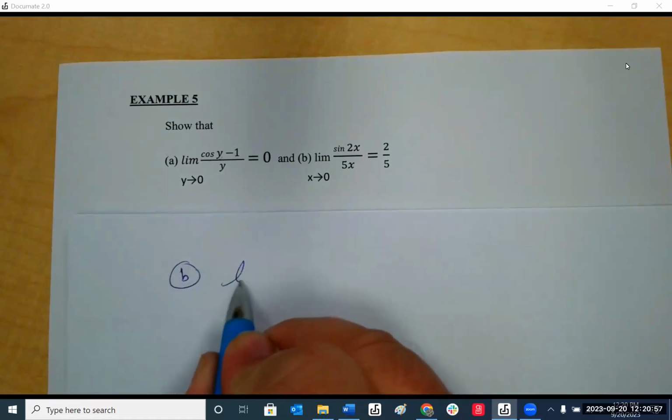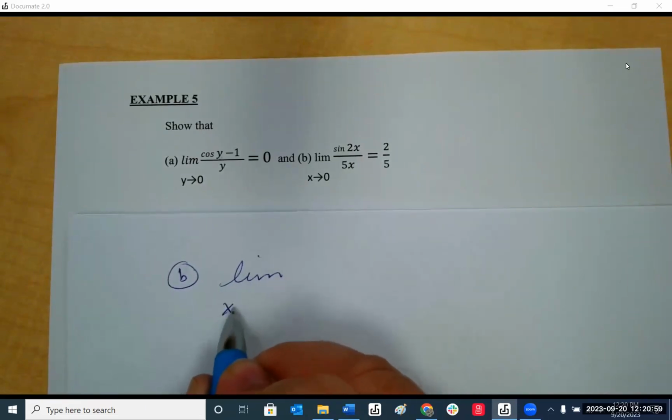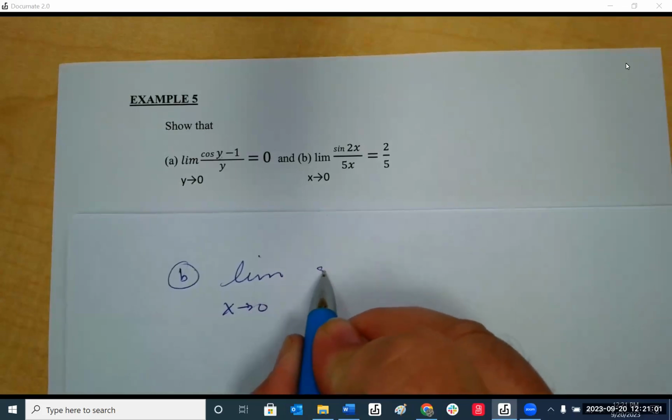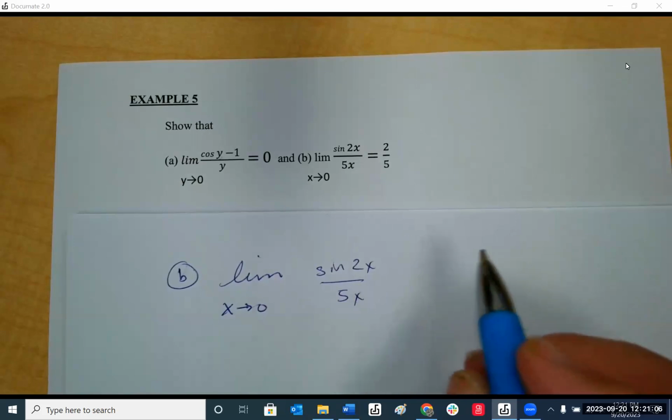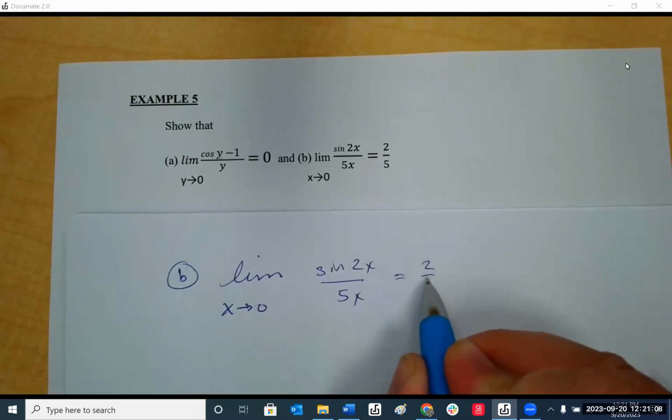B, the limit as x approaches 0 of sine 2x over 5x, prove that it equals 2 over 5.